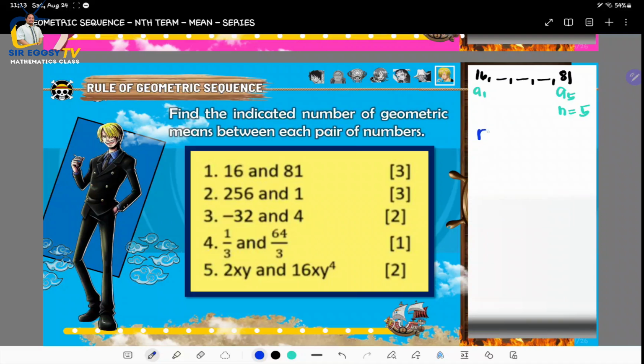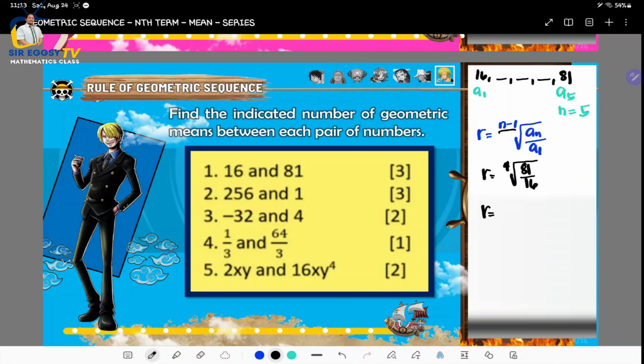So, using the formula, r is the n minus 1 root of a sub n over a sub 1, you will have r is equal to the 4th root of 81 over 16. Why did it become 4? Because it's just 5 minus 1.